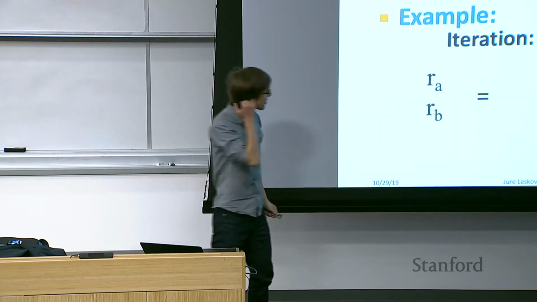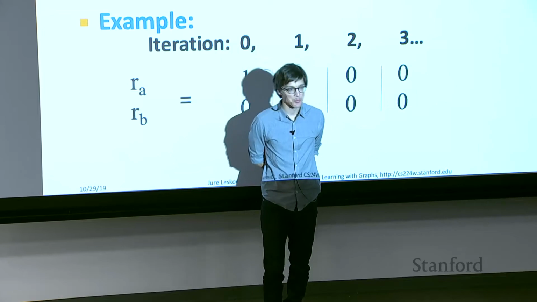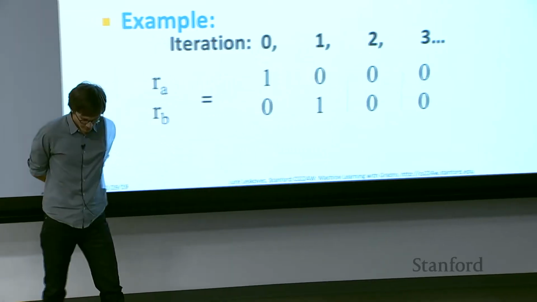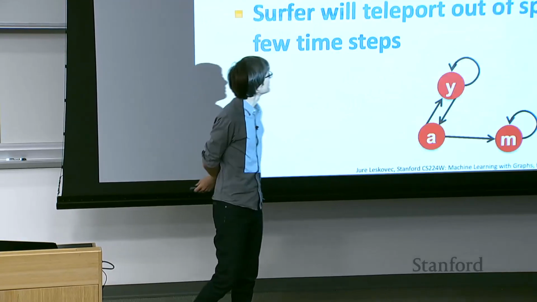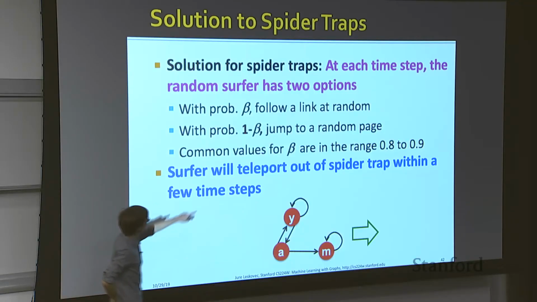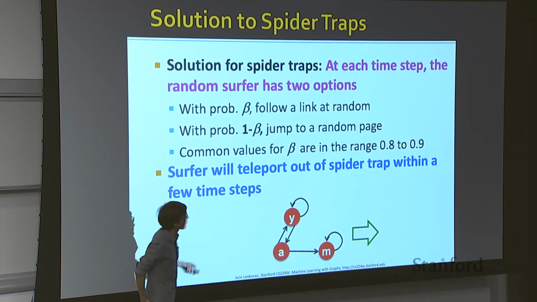And the way we can solve this is to define this notion of random teleportation, or a random jump. So the process for the random walker will change the following. Whenever a random walker makes a step, the walker, the surfer, has two options.